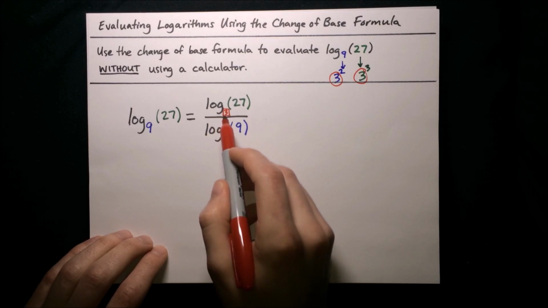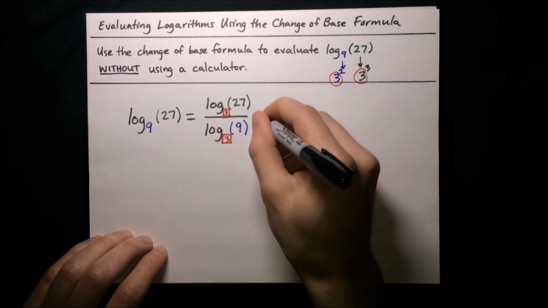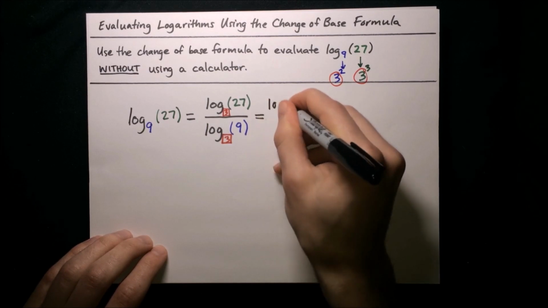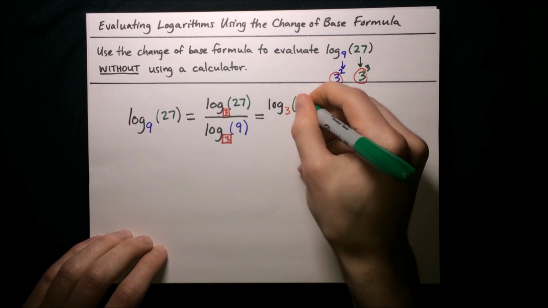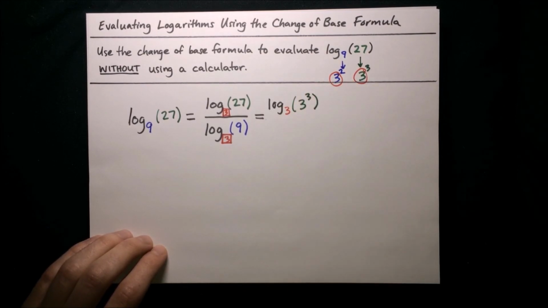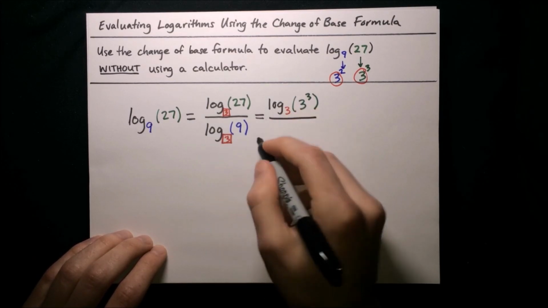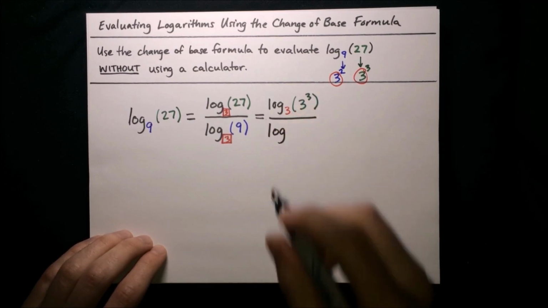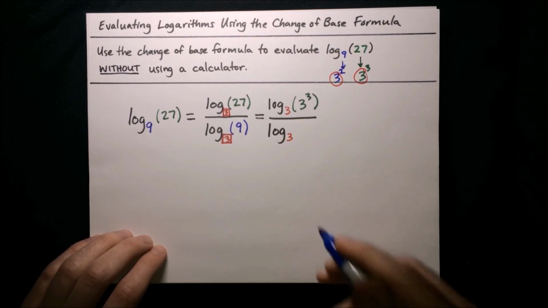So log base 3 of 27, well, that's like asking what is log base 3 of 3 to the third. And then that's going to be easy to compute, but let's write down the bottom first. Well, and then what's log base 3 of 3 squared?